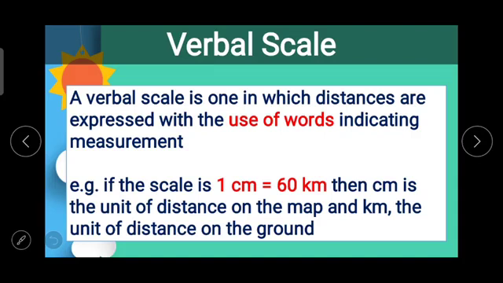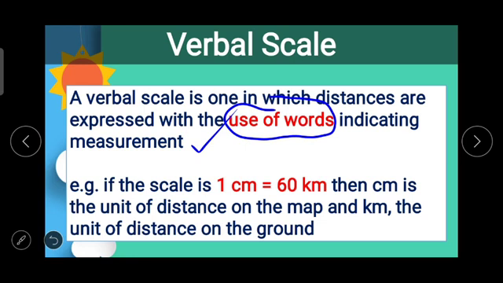And to do this, there are 3 ways of expressing the scale on the map, and the first one, on the screen you can see, is the verbal scale. A verbal scale is one in which distances are expressed with the use of words indicating measurement. Now it is in the name only, the title itself is verbal scale, so that we can understand.